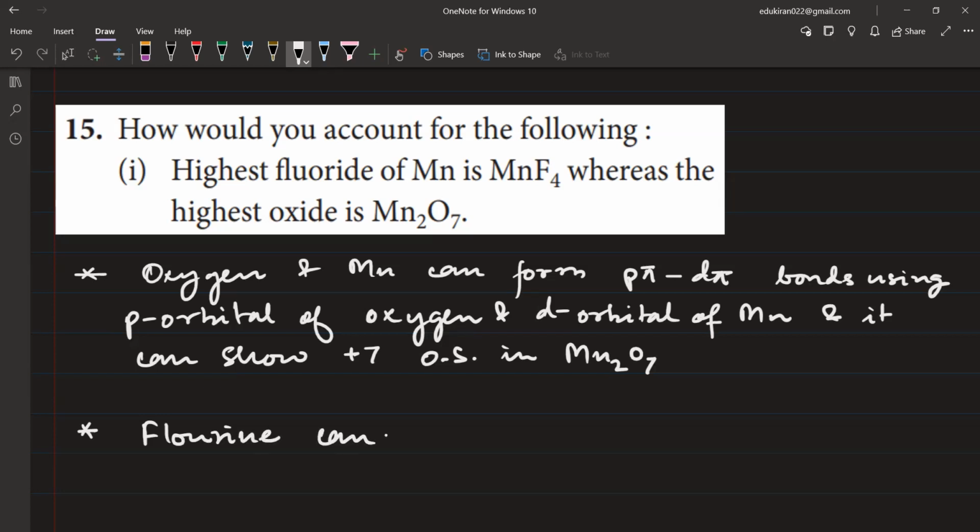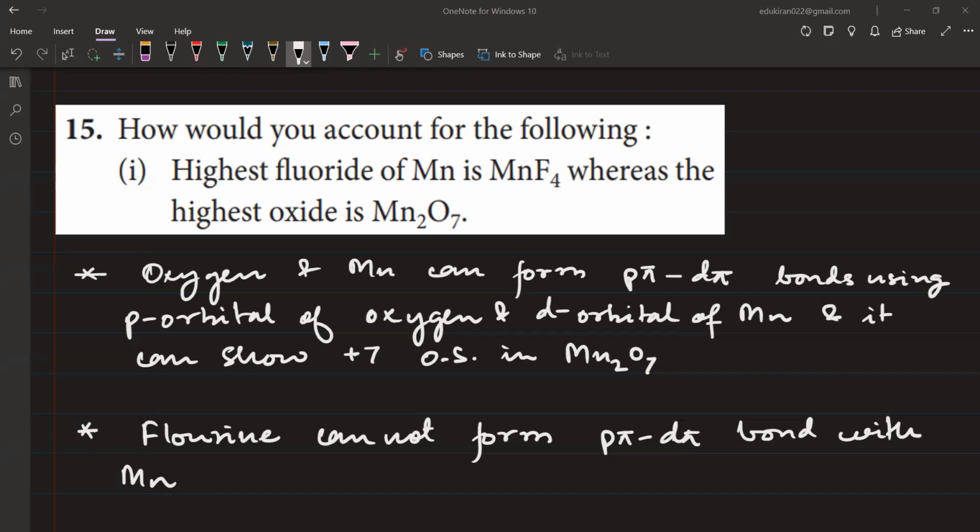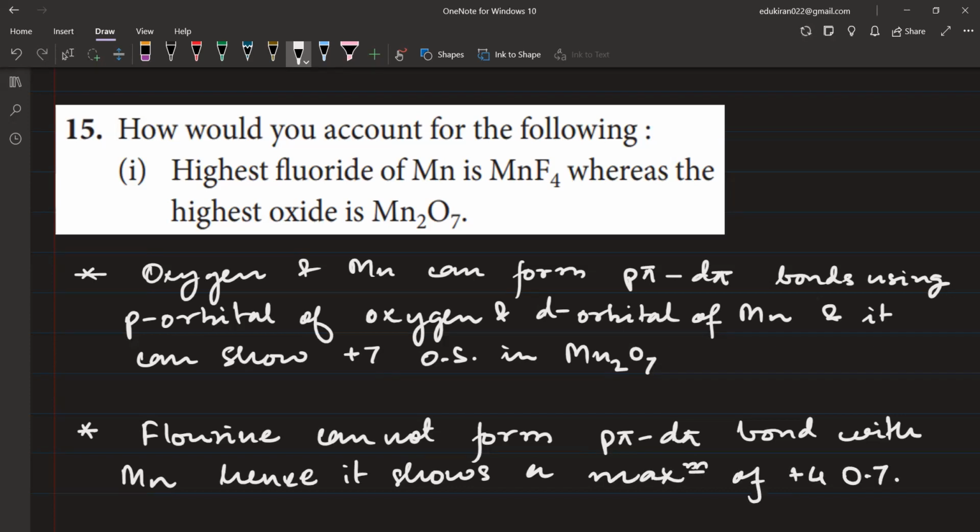Fluorine cannot form p pi d pi bond with Mn. Hence, it shows a maximum of +4 oxidation state.